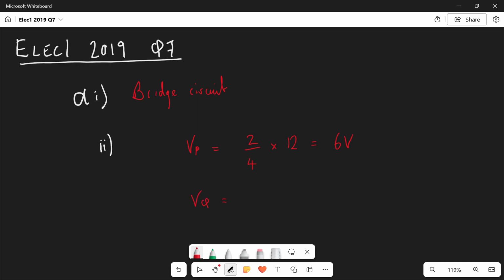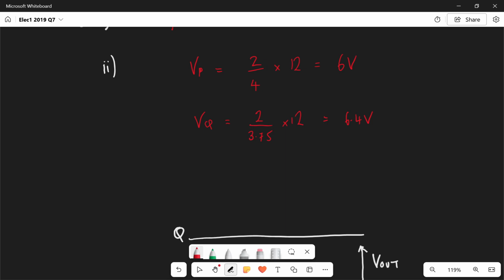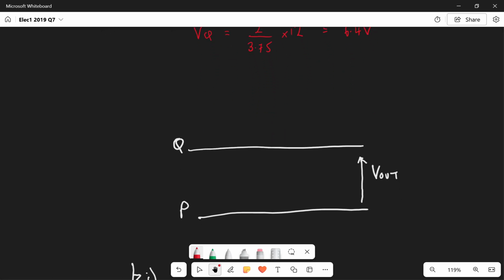That is going to be the variable resistor's value, which is 2 kilo ohms, divided by the total, which is 2 plus 1.75, or 3.75 kilo ohms, and we're going to multiply that by 12, and that comes to 6.4 volts.